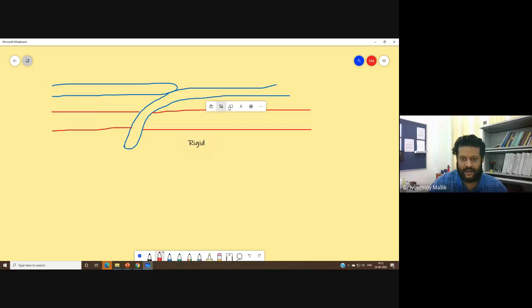The intermediate part will be, say, intermediate strength, and then the top part will be low strength or fluidic.